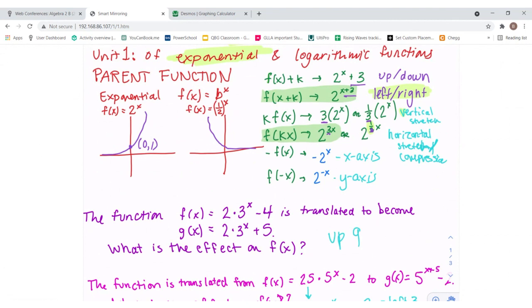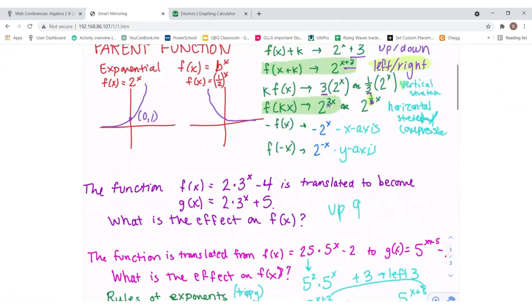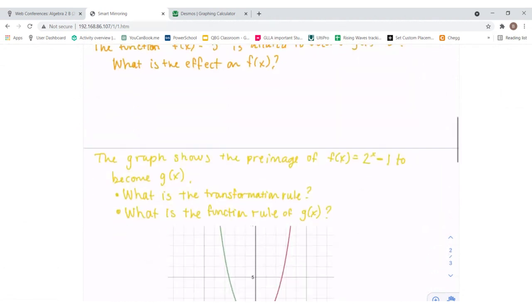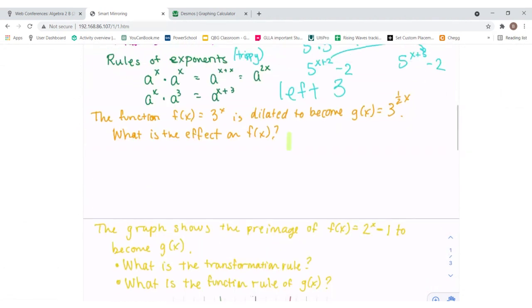Because that one made it tighter. Okay, horizontal stretch by 1/2, because it was 1/2 right here.